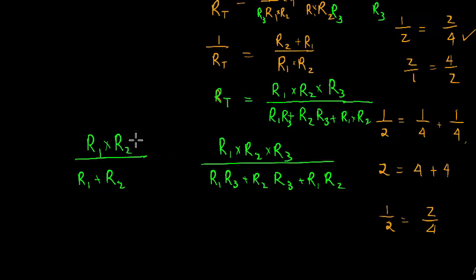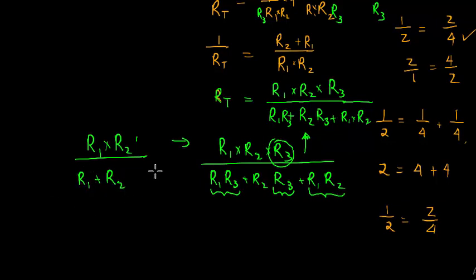Again, we saw that we increased the numerator. The numerator has been increased by multiplying with R3, but the denominator has also been increased by multiplying with R3. R1 is multiplied with R3, R2 is also multiplied with R3, and we've got another factor here, R1 times R2, which we didn't have here.